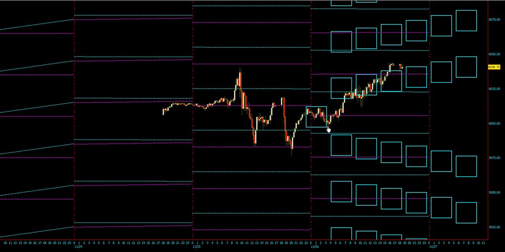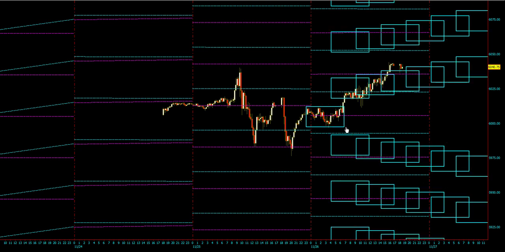Okay, so if this is my sideways action, just like this one, it broke. So 1, 2 and 3. If it gets here tomorrow or tonight or whenever it does, this is an area of interest.